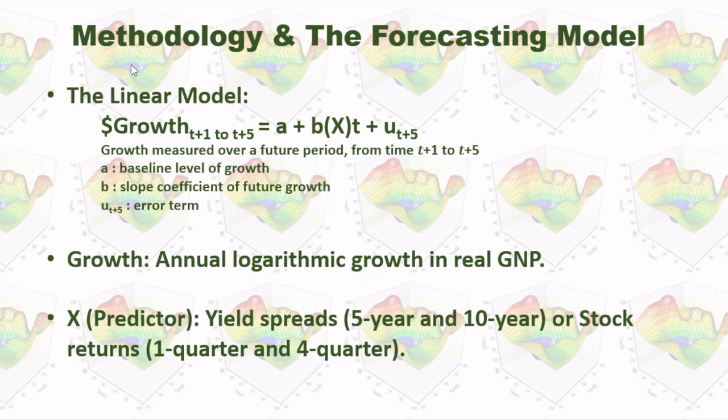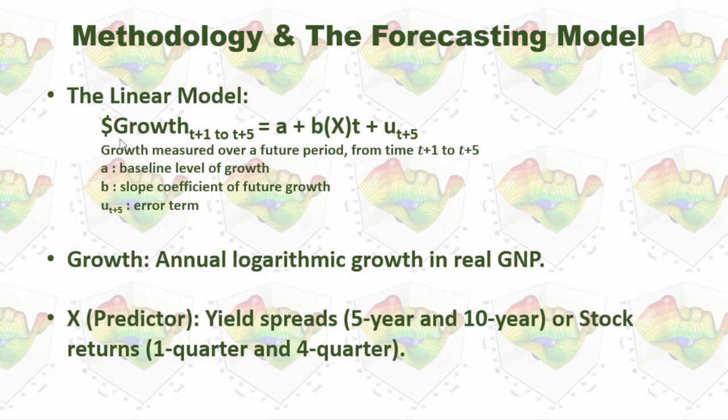Now, let me explain the methodology and the forecasting model. In Harvey's paper, he used this linear model. Of course, in order to compare my results with Harvey's results, I will use the same linear model.